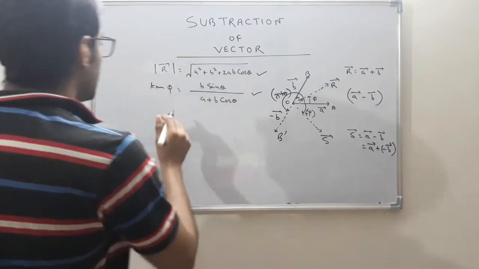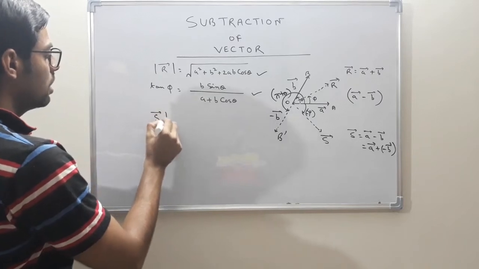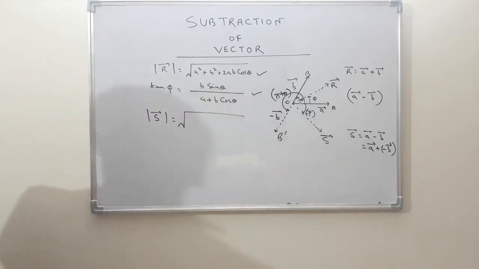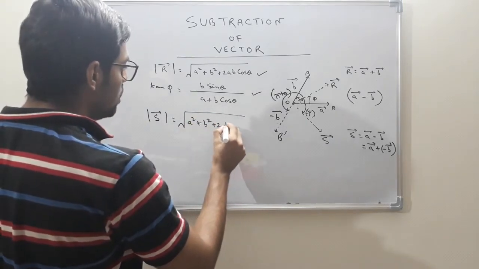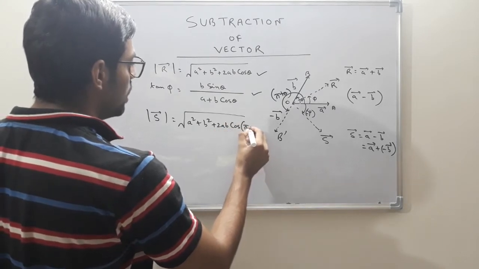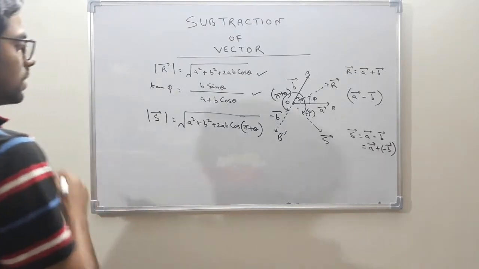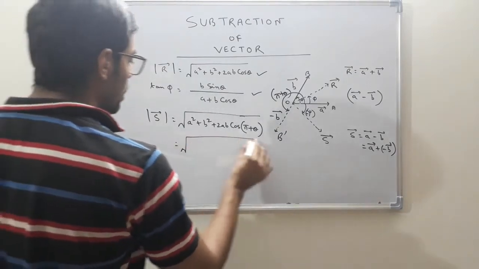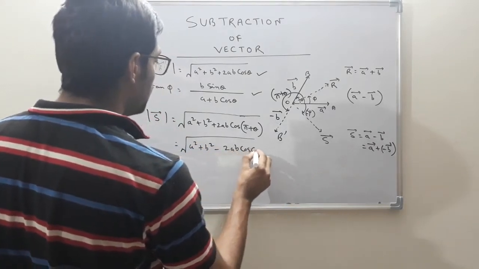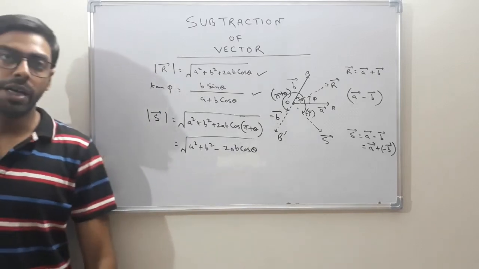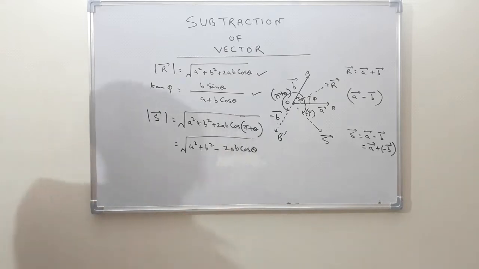Therefore, if you are asked to find the magnitude of the S vector, you will find the S vector mod equal to root over A square plus B square plus twice AB cos of pi plus theta, and it will become root over A square plus B square minus twice AB cos theta, because cos of pi plus theta equal to minus cos theta. You can write it down actually.